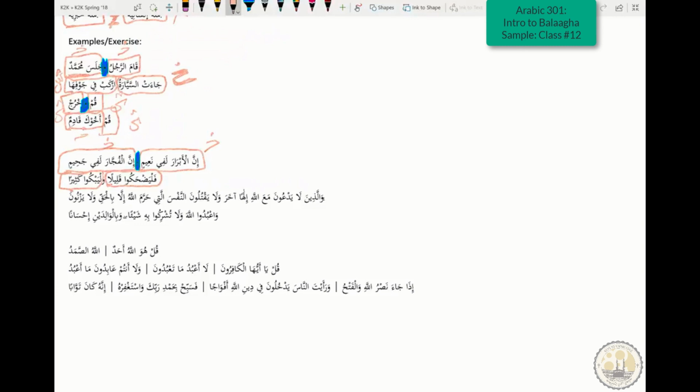Is this a خبرية or إنشائية? إنشائية is a command, right? What type of command is this? What is the sigha? What makes it a command exactly? You have the lam al-amr.